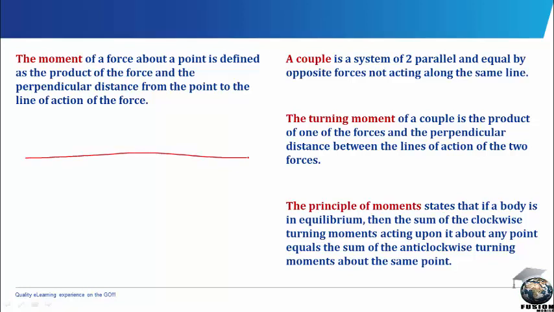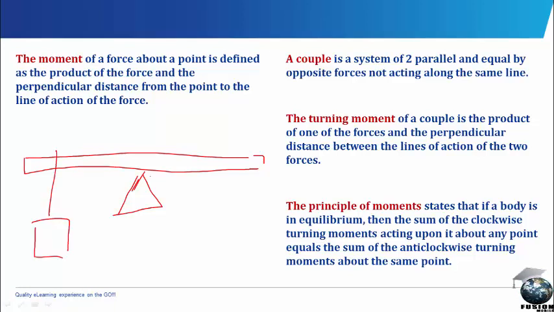If I have this to be a system, maybe with a meter rule, and somewhere here is my fulcrum, so that the meter rule can bounce to the left or the right, and here I set in a load, which is a force.